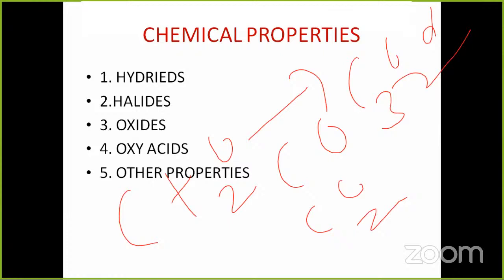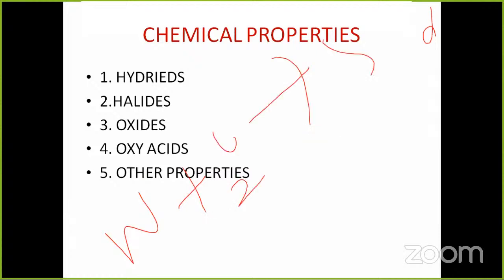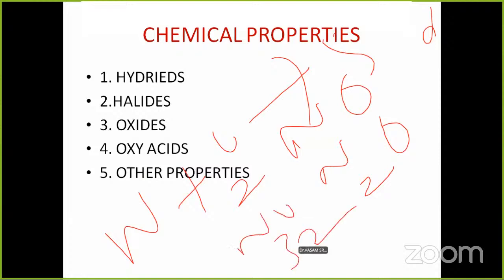We should have minimum knowledge of the total group information, the overall p block, so we get an overall idea. That is why I am telling you again. For example, nitrogen reacts with oxygen and gives 5 types of oxides. You should know what they are: the famous ones NO and N2O, then N2O3, NO2, and N2O5. They are the 5 oxides: nitrous oxide, nitric oxide, nitrogen trioxide, nitrogen dioxide, and nitrogen pentoxide.